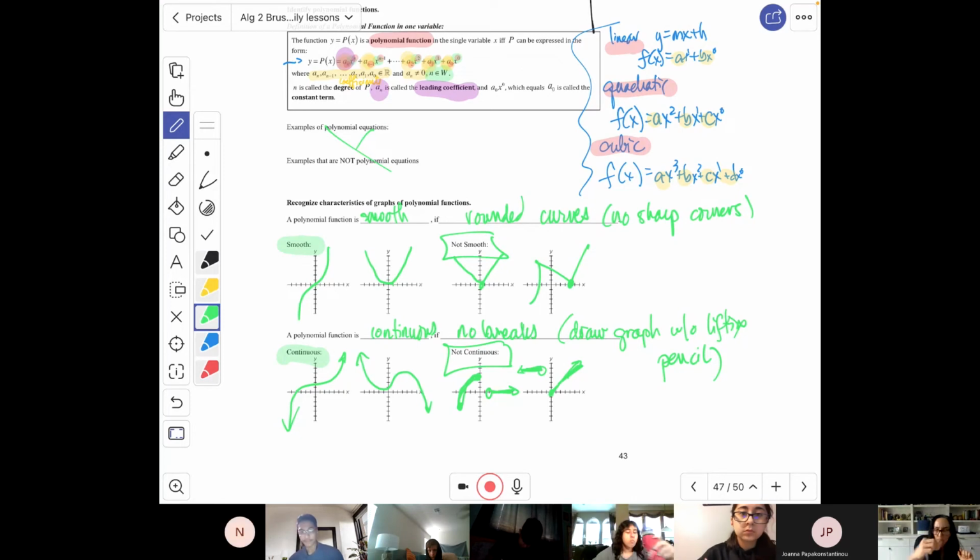So smooth means rounded edges. Continuous, I can draw the entire graph from start to finish without raising my pencil. These are piecewise continuous, but the entire graph is not continuous. Each of these pieces is continuous. The entire graph is not continuous.